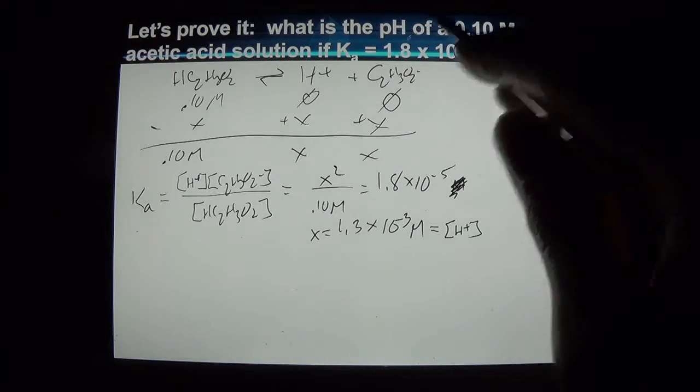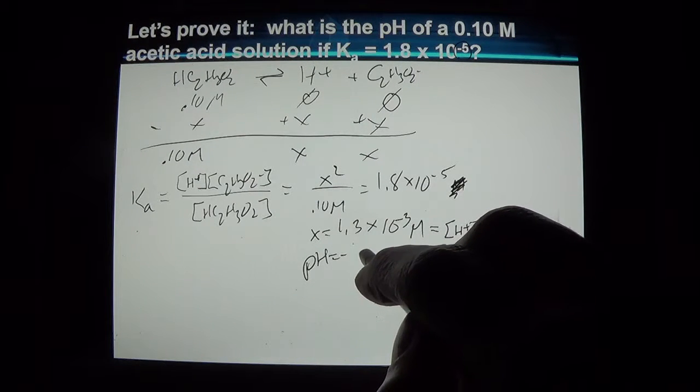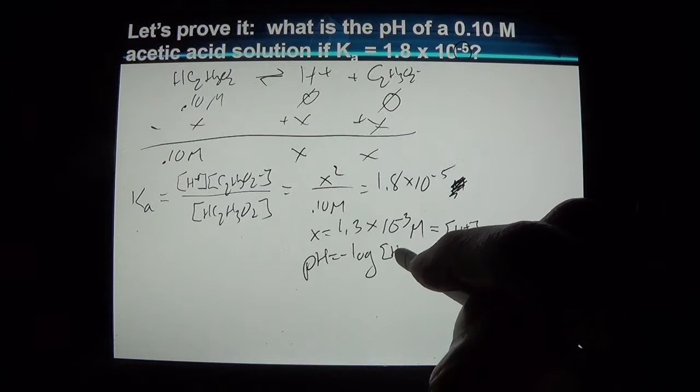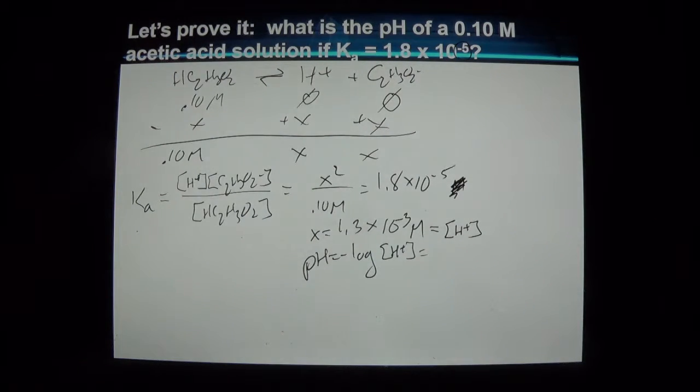The question asks, what's the pH? No big deal. pH equals negative log concentration of H+, which is negative log of that number. If I could type it in correctly, it would help.